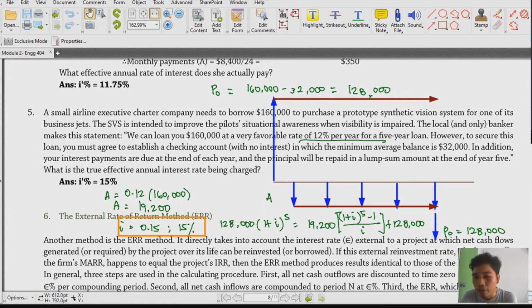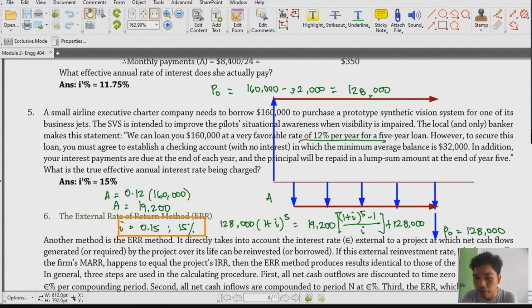Whenever you encounter such a problem and you're given the 12% interest rate, your annuity would always be obtained from that annual interest rate multiplied by the principal amount that you're trying to loan. That is always what happens when we loan an amount and an interest rate is imposed. So always assume that the annuity comes from the interest rate times your principal amount.